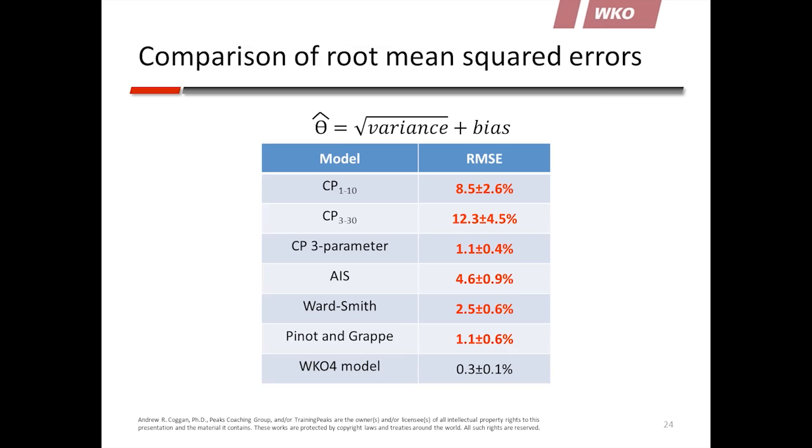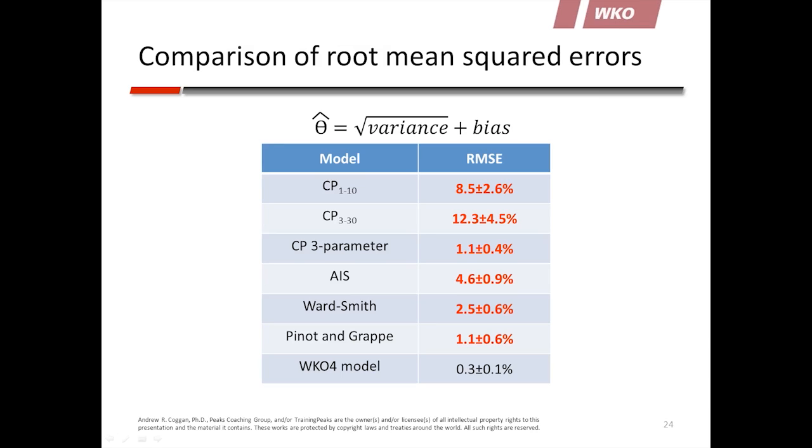What's also clear if you look at this, the classic critical power model, because it overestimates at short and long durations, has a very high root mean squared error. Kicking the can down the road and using longer durations gives us a better estimate of your true steady state power, but it actually causes you to mispredict to a greater degree at shorter durations.